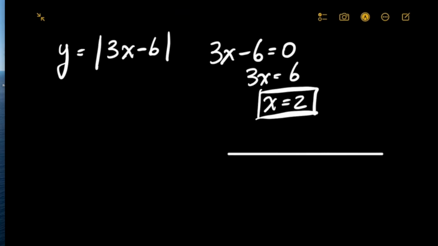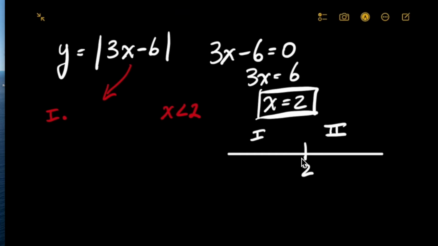So what you would do is you put 2 here, and what I like to do is create 2 zones. Then what we're going to do is take this absolute value function. So for zone 1, which has values for x less than 2, we're going to plug in values that are within this zone.